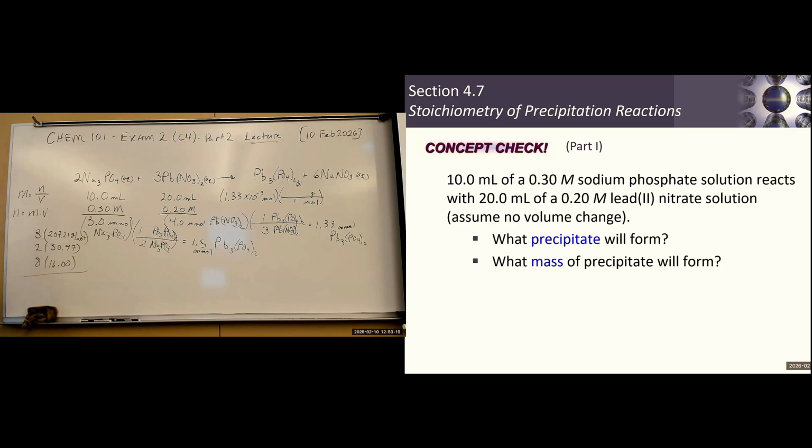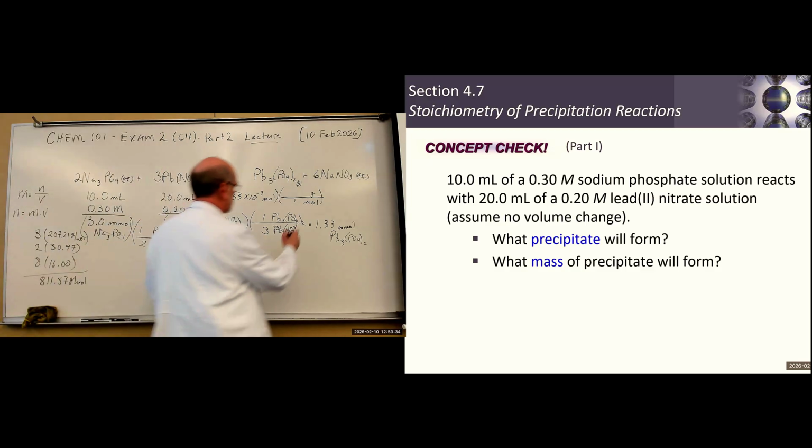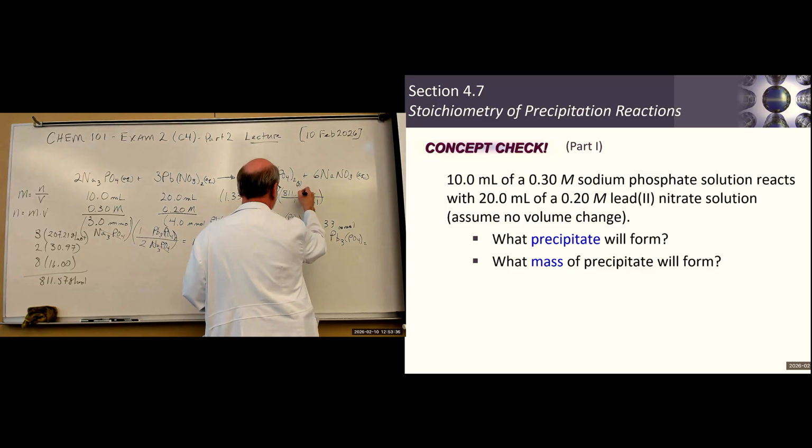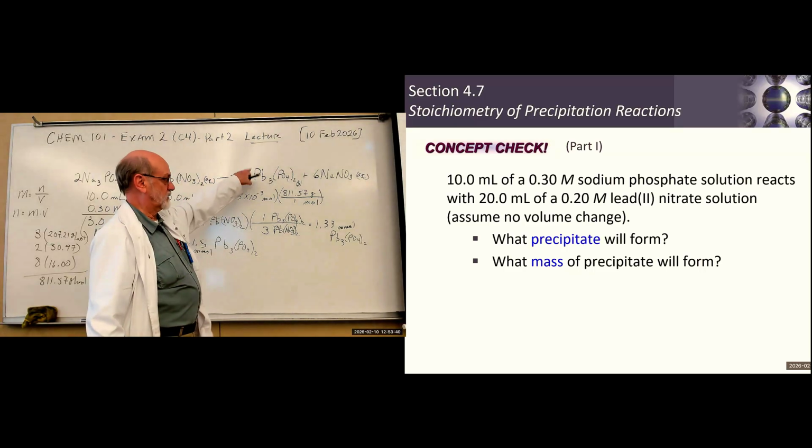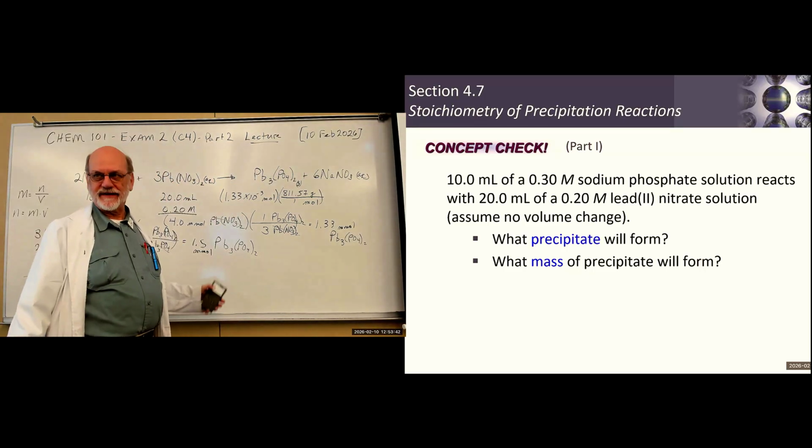And then 207.21 times 3 added on to that. And I get 811.57 grams per mole. 811.57 grams per mole with this compound. It's a heavyweight.